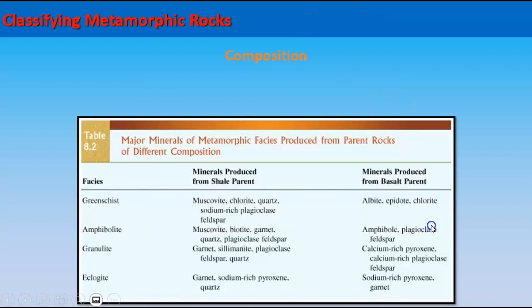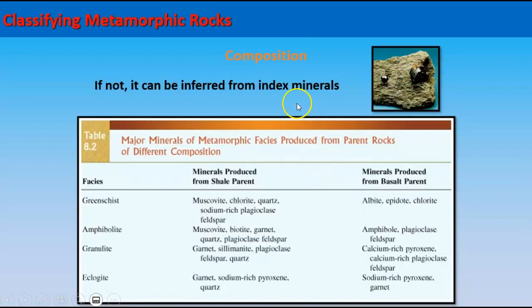And so what we can do for some of those things is we use what's called an index mineral. Every once in a while when a rock gets metamorphosed, there are specific minerals that form under the conditions that rock was under, and so we can use those particular index minerals to tell us what this rock underwent in relation to temperatures and pressures, because certain minerals only form under specific temperatures and pressures.